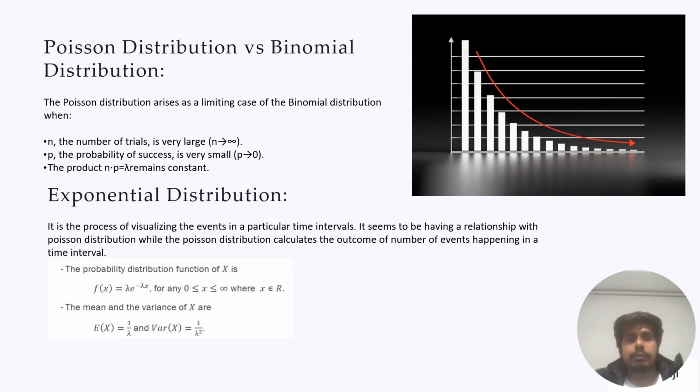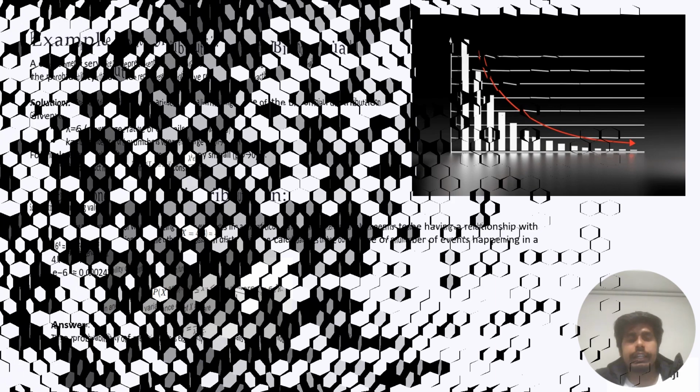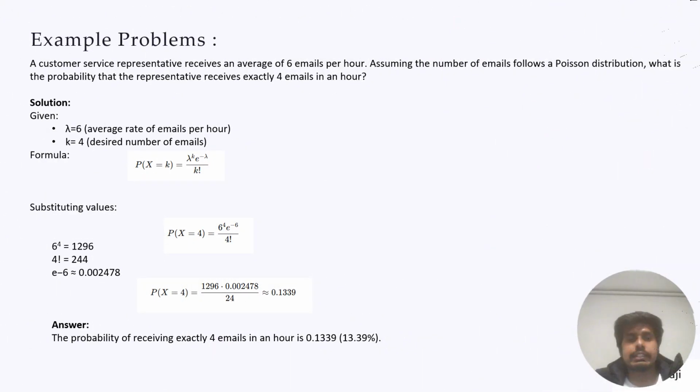So here we come to an example problem. A customer service representative receives an average of 6 emails per hour. Assuming that the number of emails follows a Poisson distribution, what is the probability the representative receives exactly 4 emails in an hour?